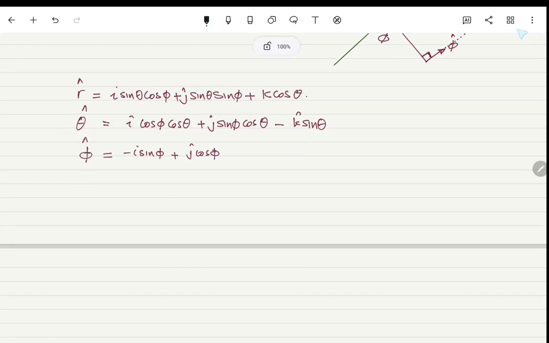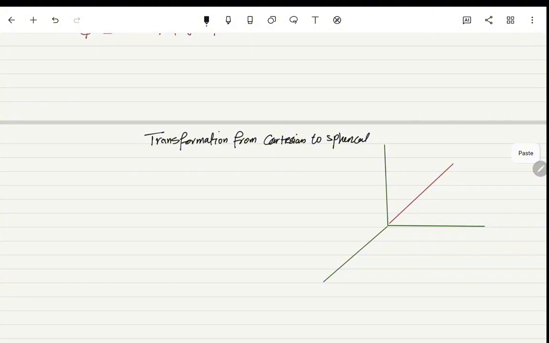Now, let's do the transformation from Cartesian to spherical coordinates. So, if this is the XYZ plane, and this is theta, and this is phi, right here.